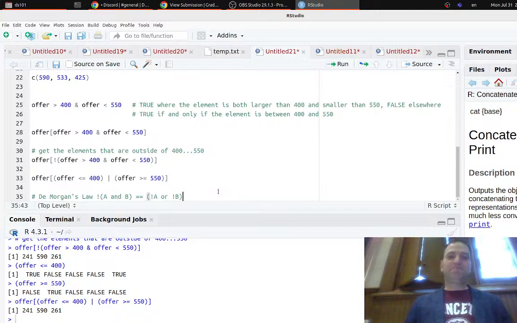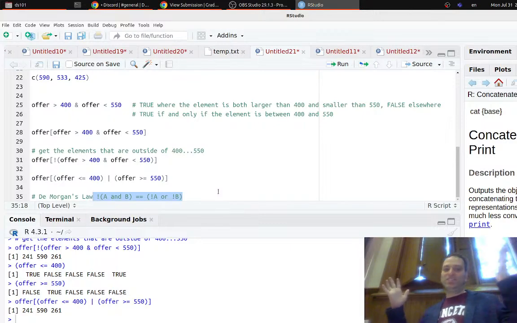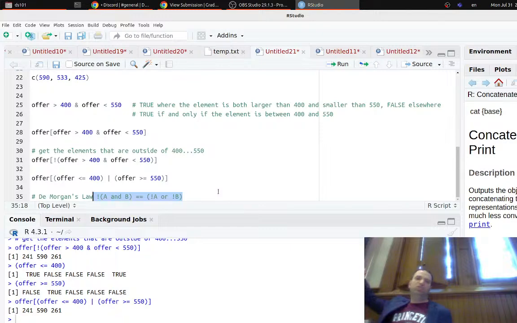So okay. In general, when you're solving the problem, I wouldn't suggest thinking about it in terms of this kind of algebra, right? I would suggest just saying, okay, what makes sense? I want the offer to be outside the range of 400 to 550. How do I write that? And I think both of those you could come up with, right?